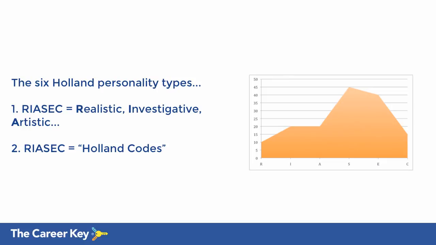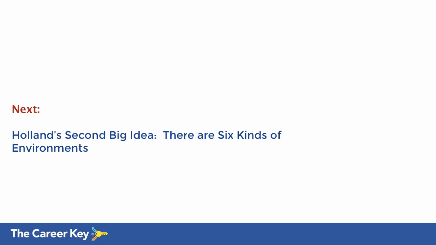Second, the 6 letters are sometimes called Holland codes. And third, some people use the word interests instead of personality when talking about Holland's theory. That's fine, but personality is preferred. That's the word Holland used.